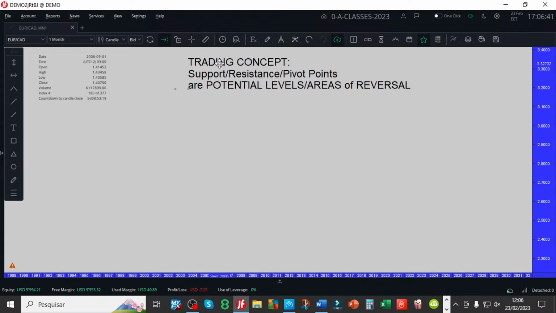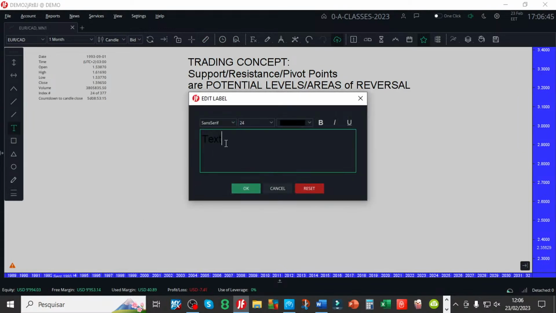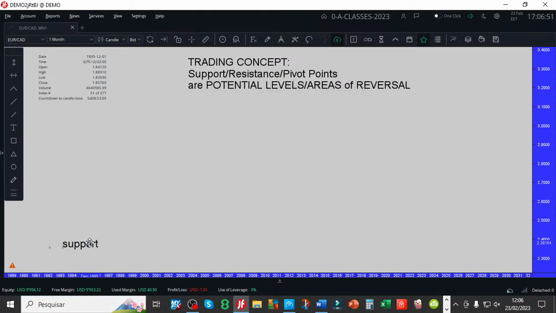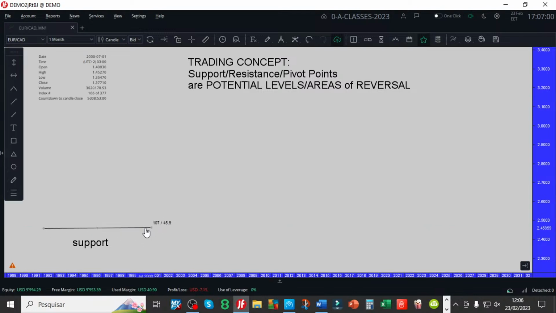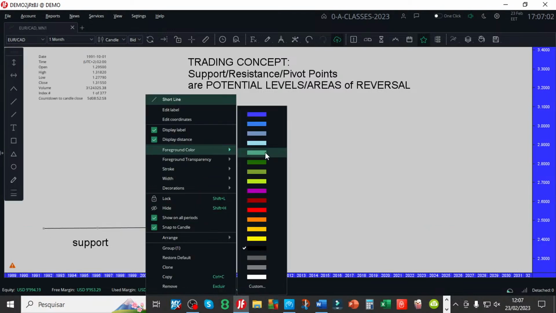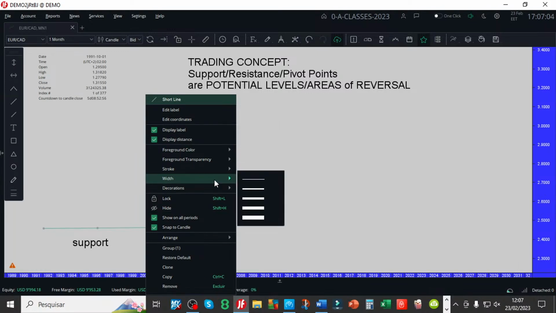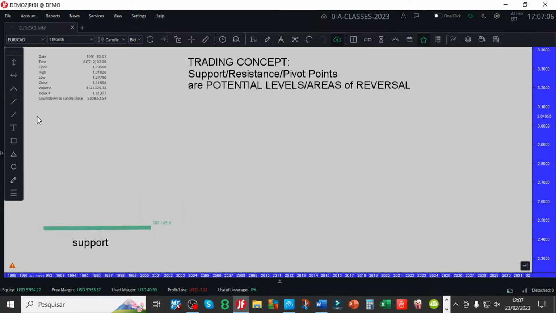Okay, so support, right? Let's talk first about support. Support, what is support, everybody? Support is an area. Support is a floor.